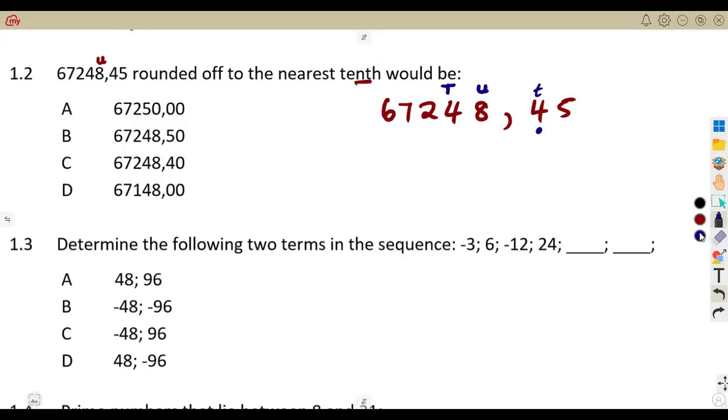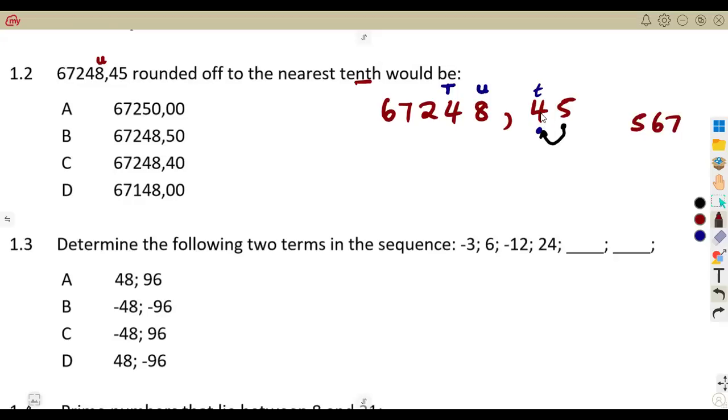So if we are to round off to that number, what is going to be the effect? The effect is going to be on the next digit, which is 5. What is the effect on this 4? Is this 5 going to change this 4, or is it not going to change it? So 5 is going to change it, as long as we have 5, 6, 7, and so on.